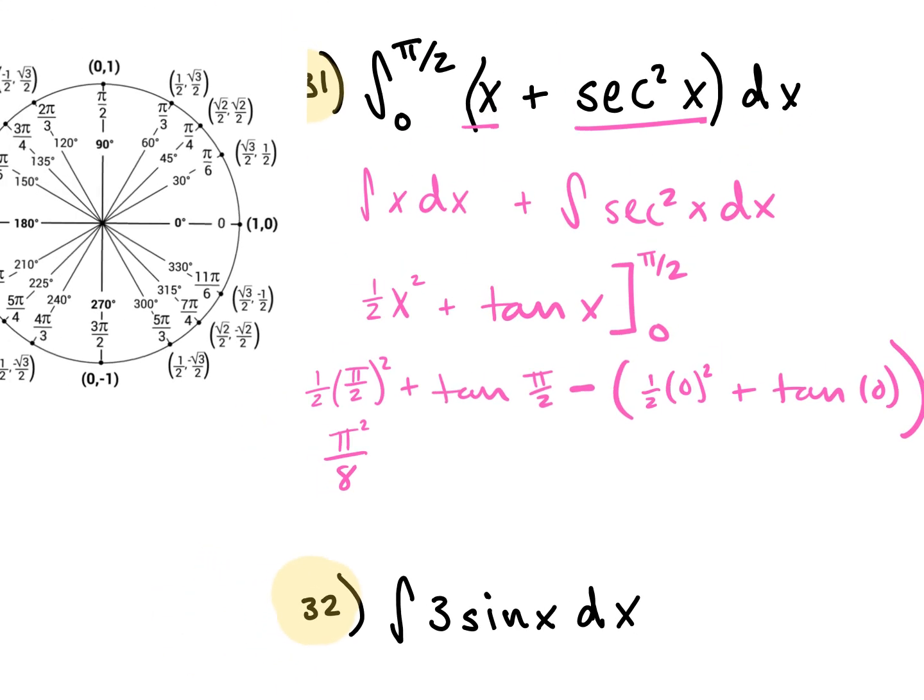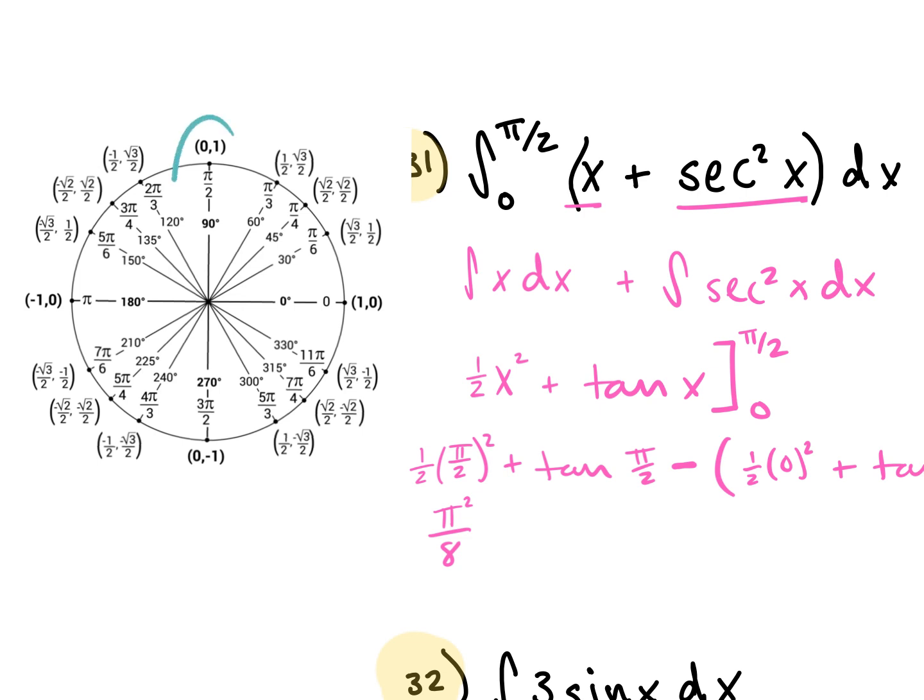Good. Then we have tangent of pi over 2. We're going to go to pi over 2 on our unit circle. This is where I made a mistake with this question because this would be y over x for tangent. What is 1 over 0? Undefined. You're not going to get a value that's undefined, but I made this question up.